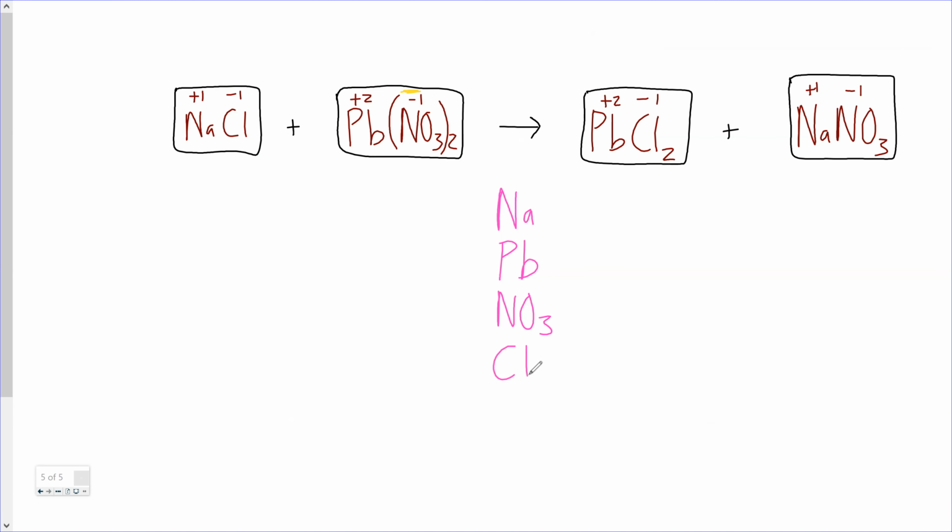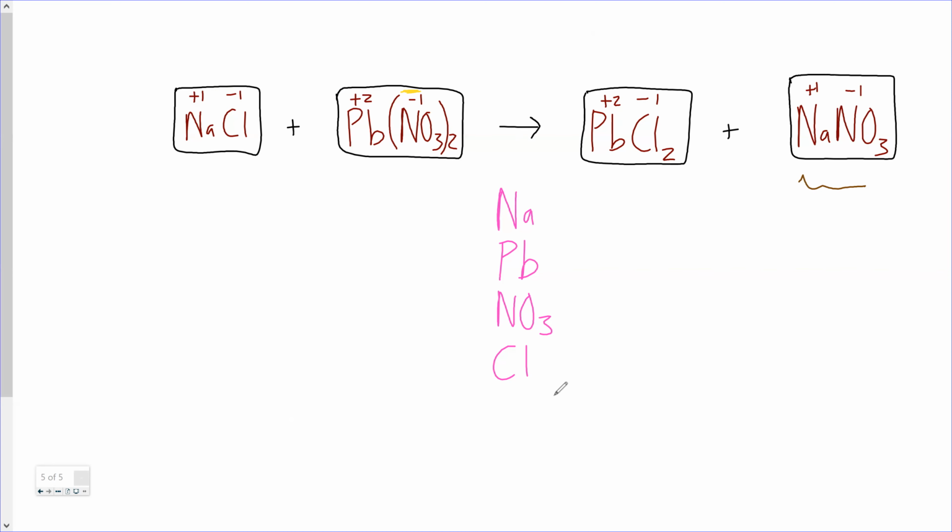Excellent. All right. So when you're doing your element inventory, you can do it whichever way works for you. So here's the two different ways you can do it. You can count everything that's on the reactant side first, or you could say, hey, there's this many Na on this side, this many Na on this side, and then do each one. It really doesn't matter.